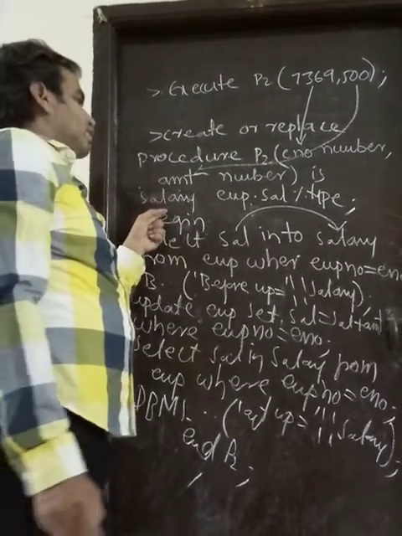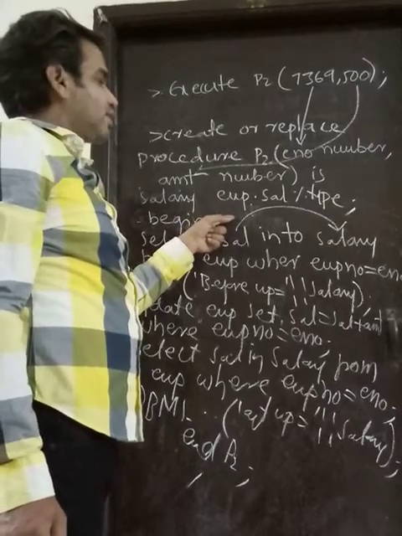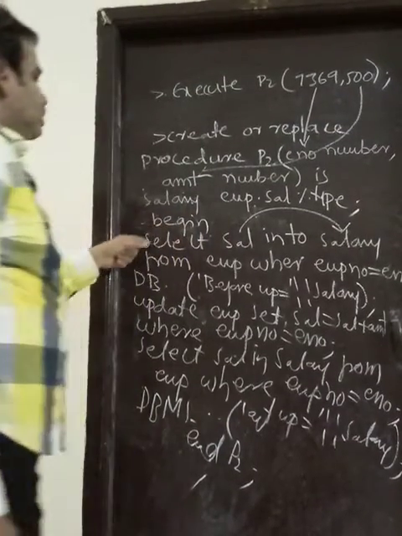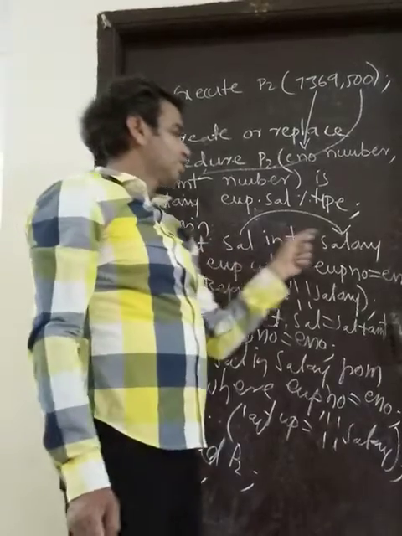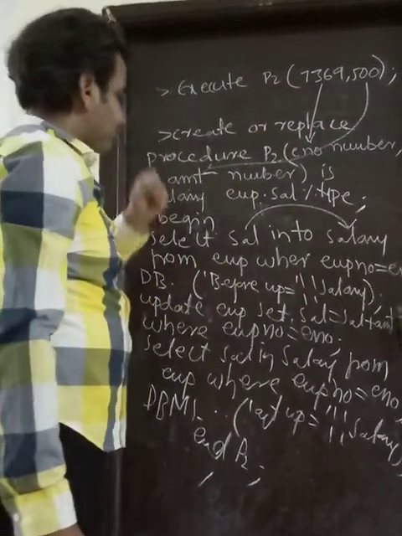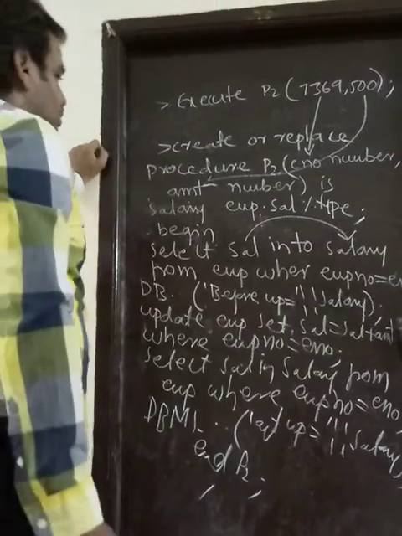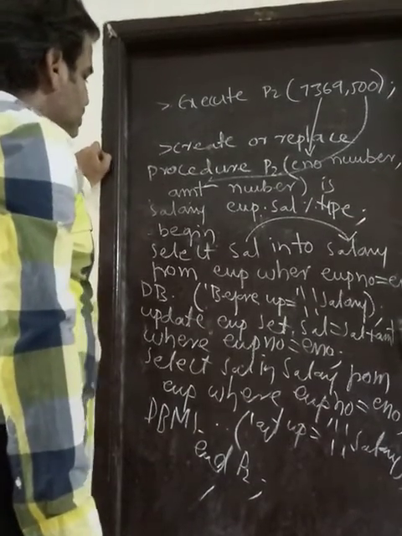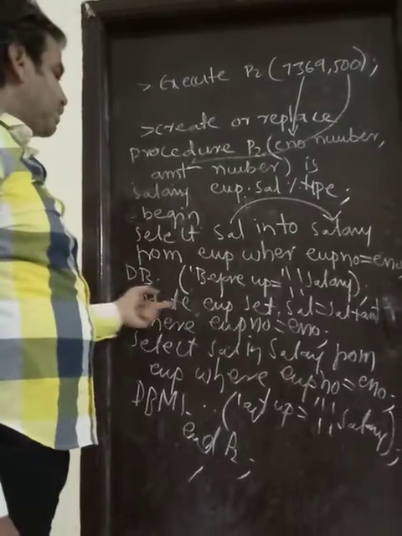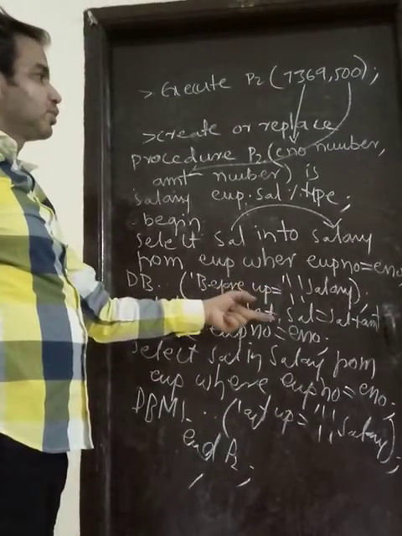Salary is a temporary variable which we are accessing from sal column from employee table. We are just copying the structure. Begin. Select the salary that we are storing in the salary, where employee number equal to E number, whatever we are passing. Okay. Now we will see dbms underscore output before updation we are displaying the salary. Now updating, update employee set salary equal to salary plus amount.